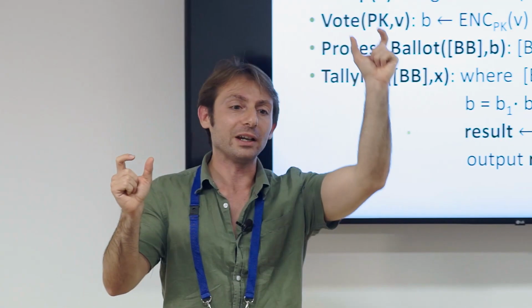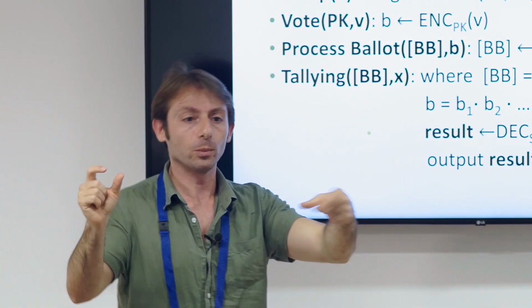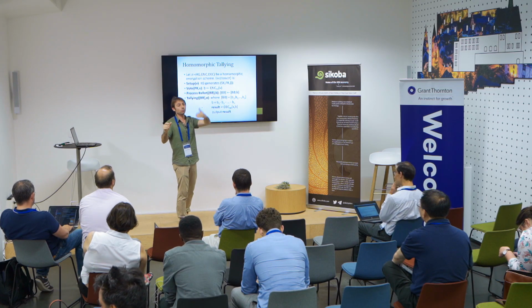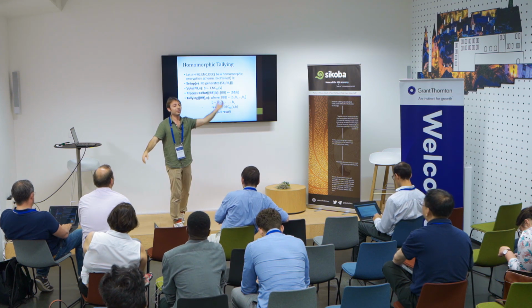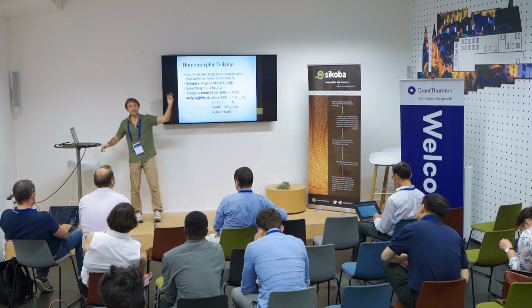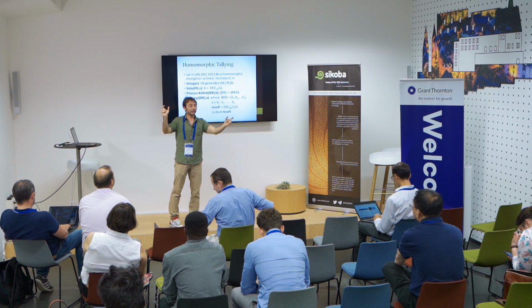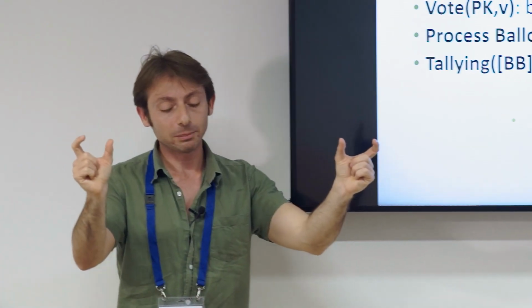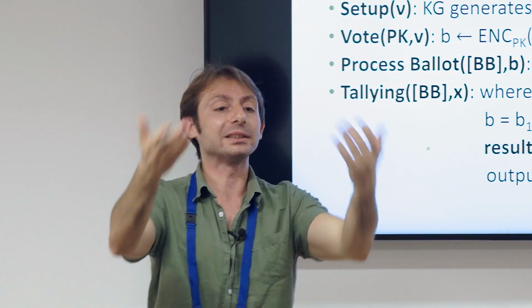Homomorphic means if I have a ciphertext encrypting a message M1, where M1 is an integer, might be 0 or 1, 0 for no and 1 for yes, but it could also be 2 meaning Trump, 1 Obama, and 0 another candidate. Okay. So if I have one ciphertext encrypting an integer M1, and another ciphertext encrypting an integer M2, I can produce a ciphertext that encrypts the sum.